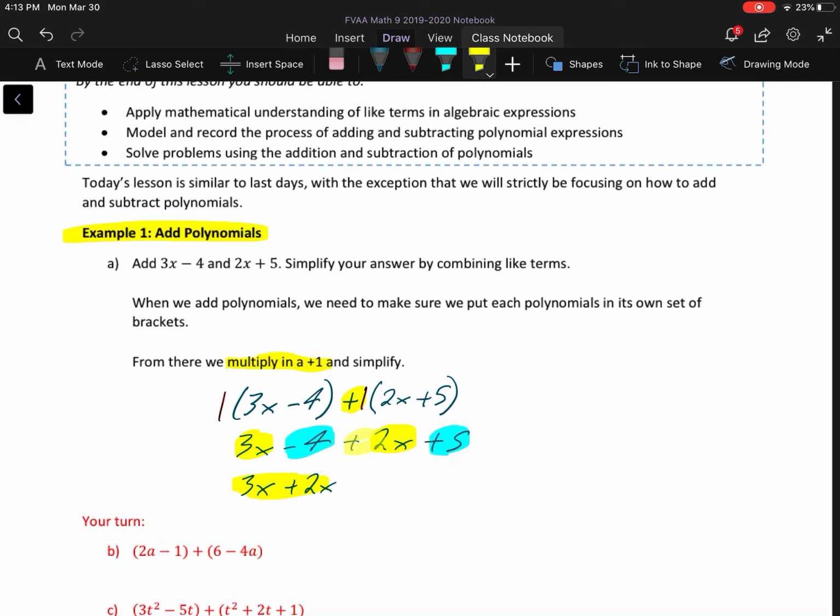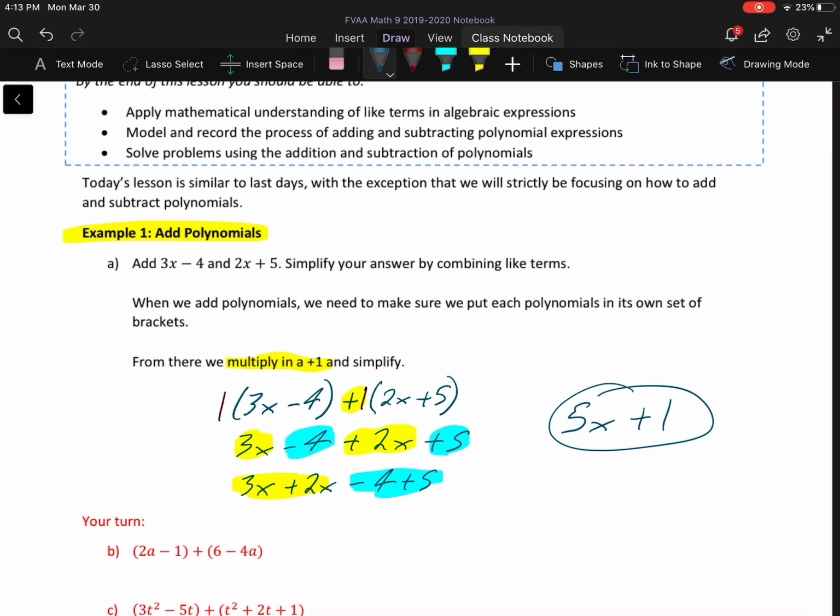Remember to include the sign in front of your terms, so this was minus 4 plus 5. Then we add them together to get our final answer. 3x plus 2x gives me 5x, and negative 4 plus 5 gives me positive 1. And that would be your final answer.